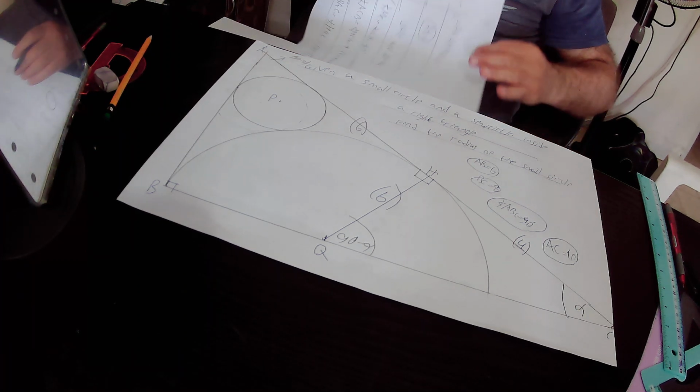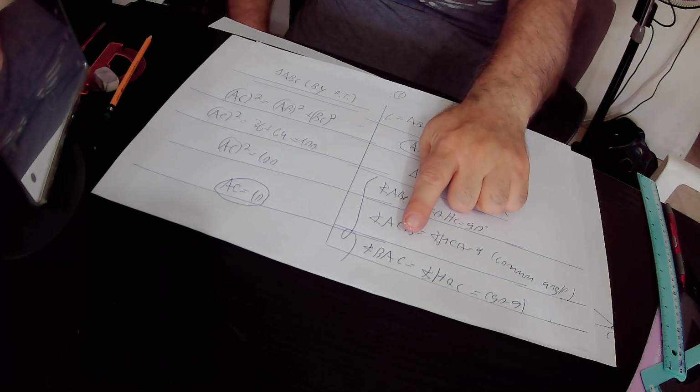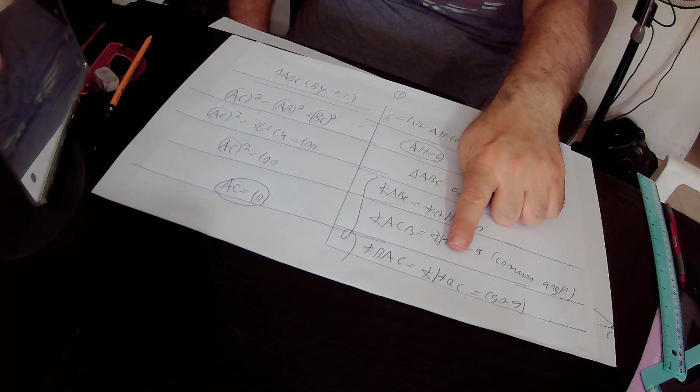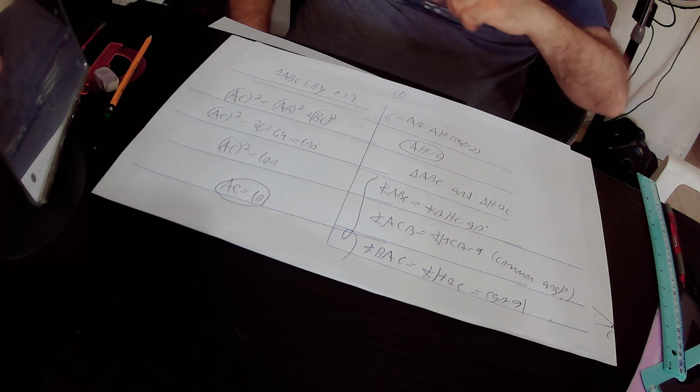Repeat again. Angle BAC in the big right triangle ABC equals angle HQC in the small right triangle HCQ. They are both equal to 90 degrees minus alpha, therefore they are equal to each other.